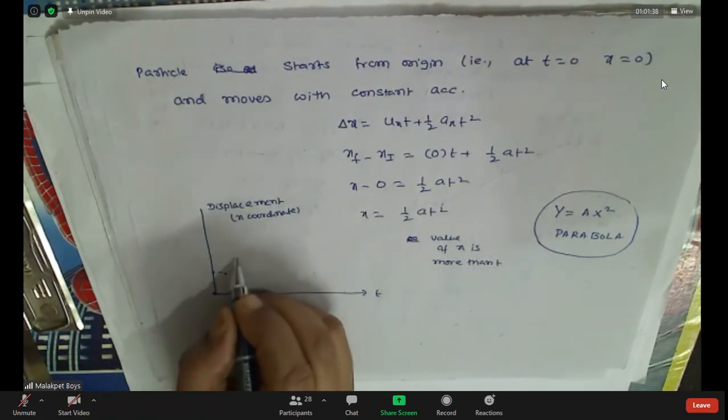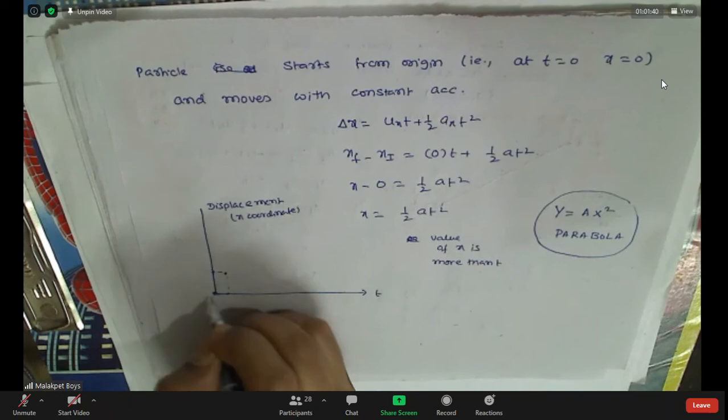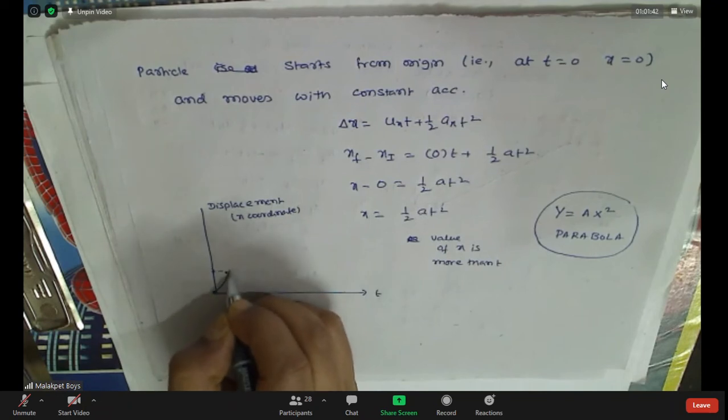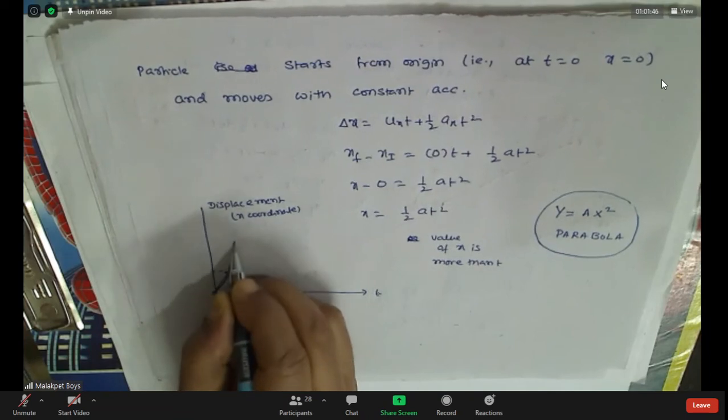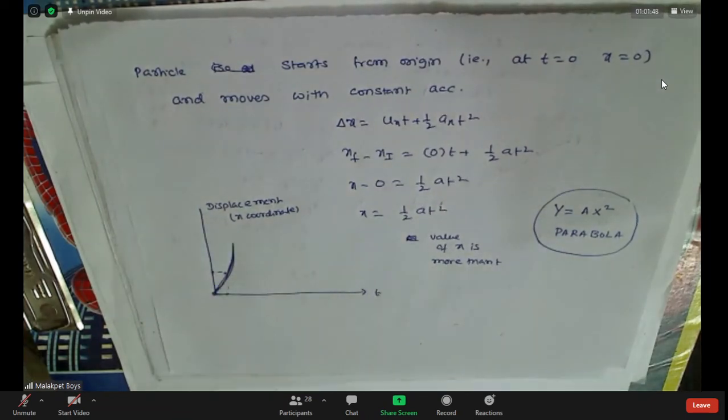So again, if you take another one, it will be like this. So the curve will be like this somewhat. This is what we call it as a parabola. Understood this? Clear or not? Yes, sir.